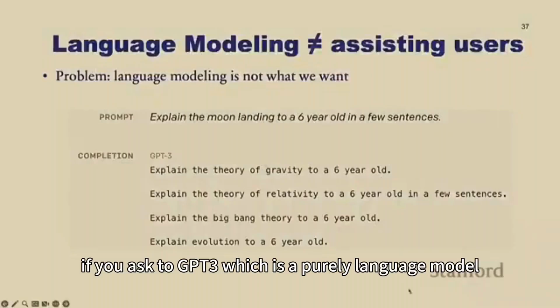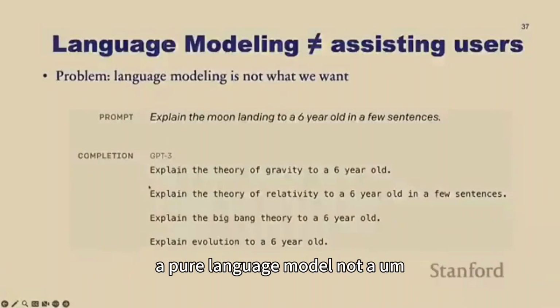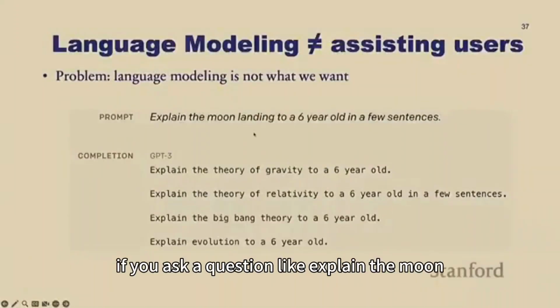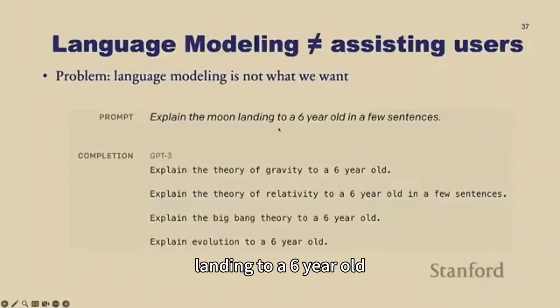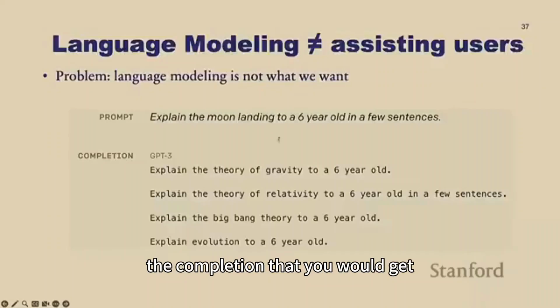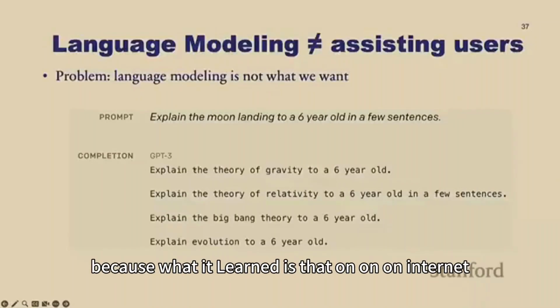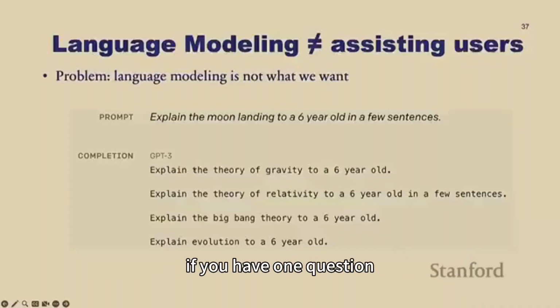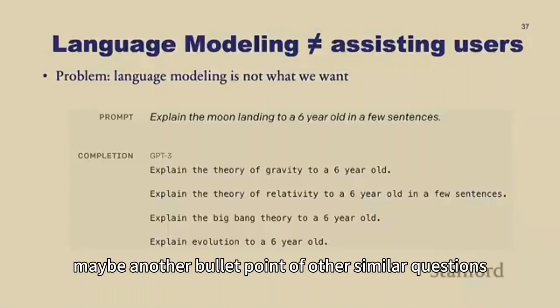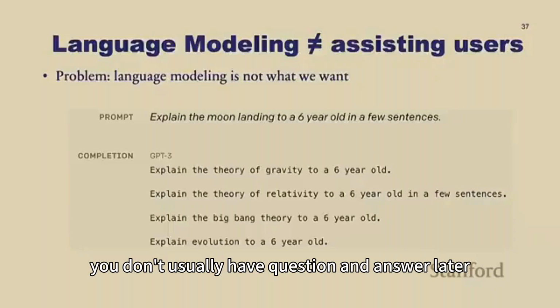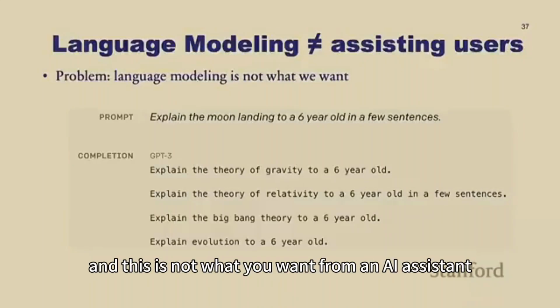For example, if you ask GPT-3, which is a purely language model, not an aligned one, a question like, explain the moon landing to a 6-year-old, the conclusion that you would get is something like, explain the theory of gravity to a 6-year-old. Because what it learned is that on internet, if you have one question, you usually have maybe another bullet point of other similar questions. You don't usually have a question and an answer later. This is not what you want from an AI assistant.